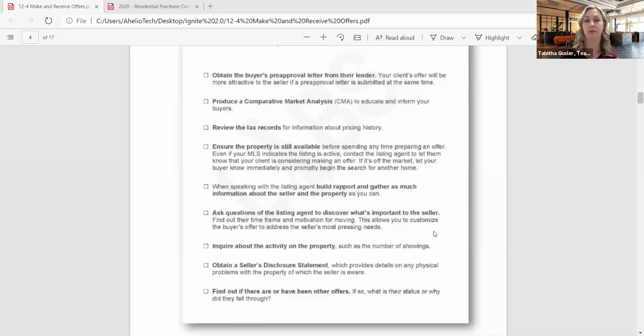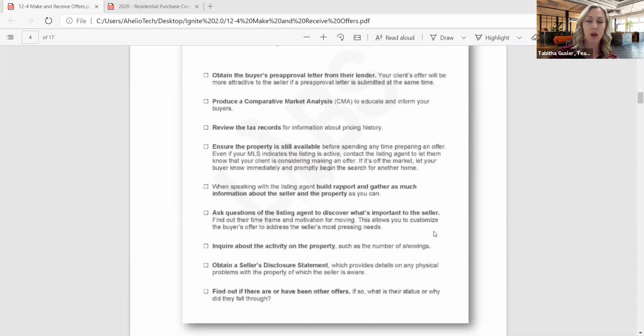You should review tax records and information about pricing history. That is somewhat helpful today. It will be more helpful when we're in more of a buyer's market, because you'll want to just make sure that everything is up to date, that they're not upside down, anything like that. It is good to know that and make sure that they're up to date on taxes.